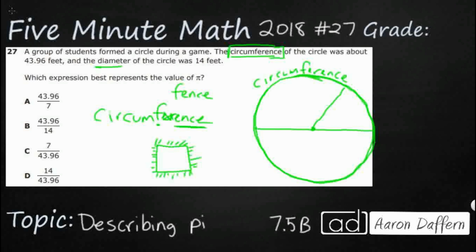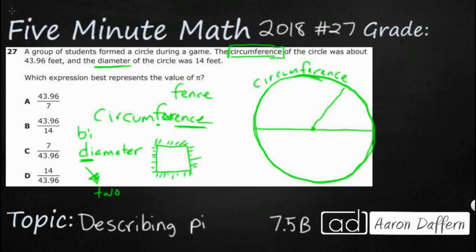We've got this diameter. So the clue here for diameter is really going to be this prefix di. This prefix di actually means 2. Both a di and a bi can mean 2.